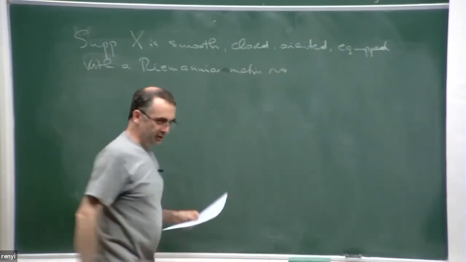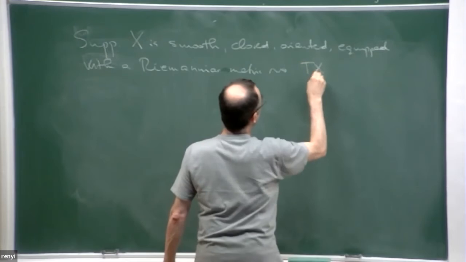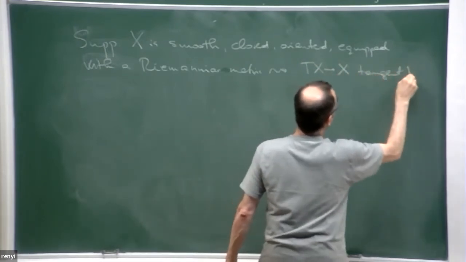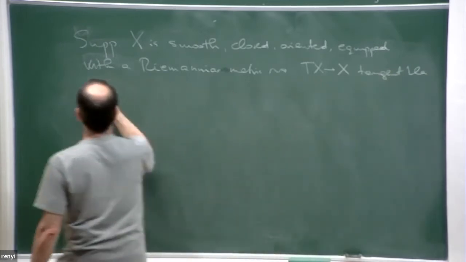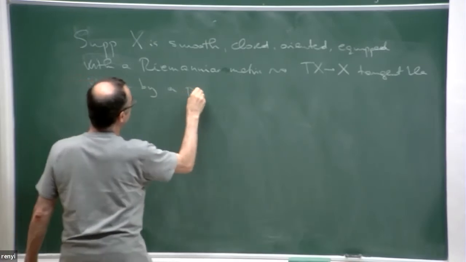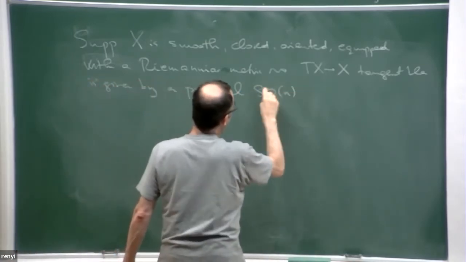So the principal bundle defining the tangent bundle, TX, the tangent bundle, is given by a principal SON bundle, the frame bundle.